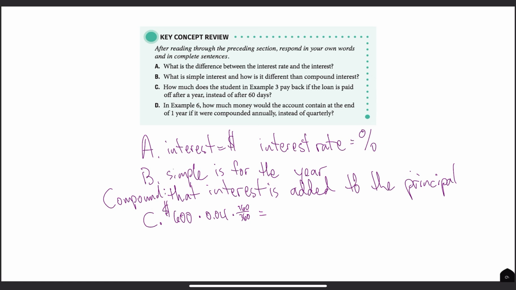Then that would be 24. So that would be $24. So that would be what? That's $20 more than if you had paid it off after 60 days.